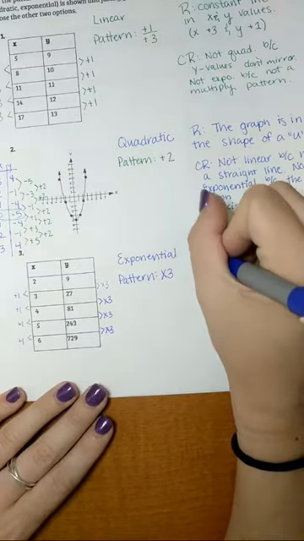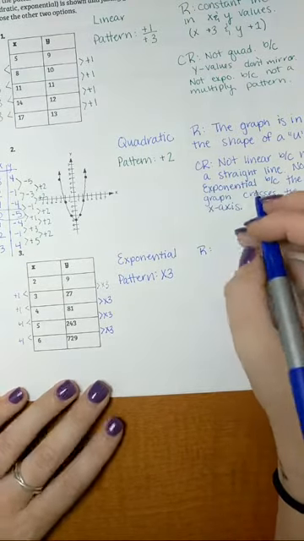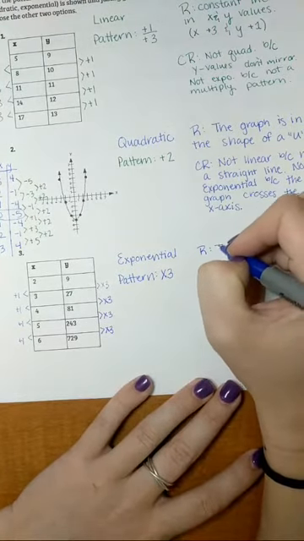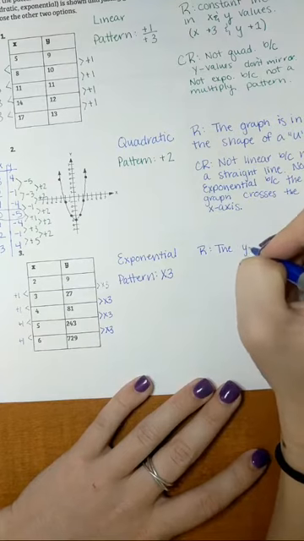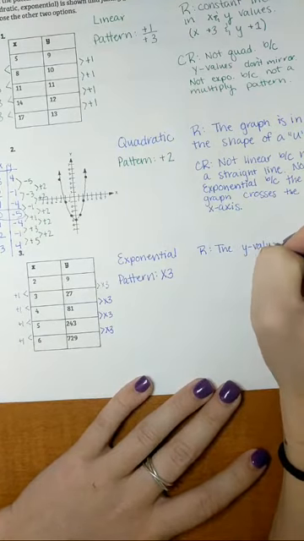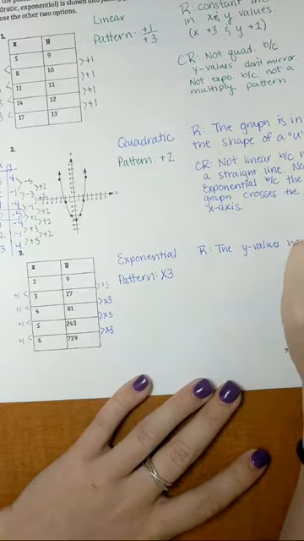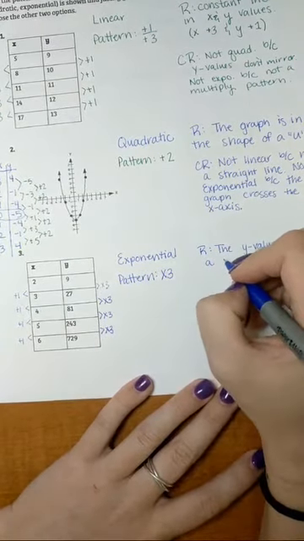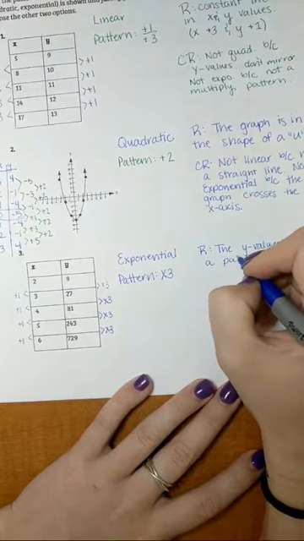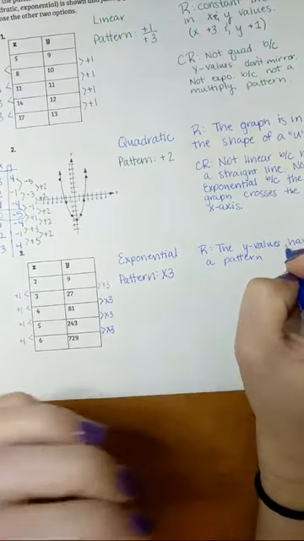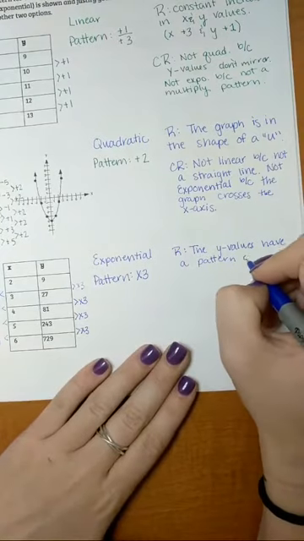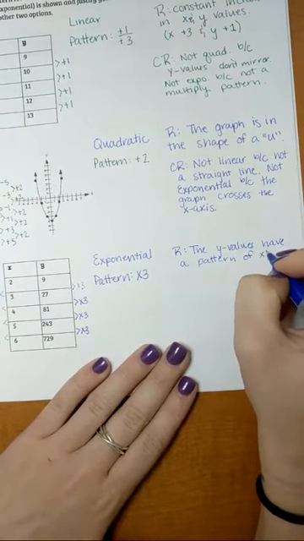So our reason, so the y values have a pattern of multiplying by 3.